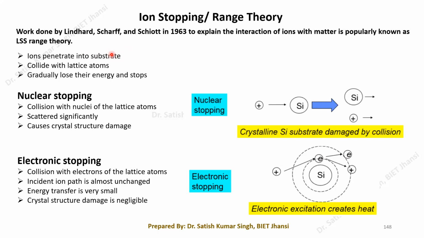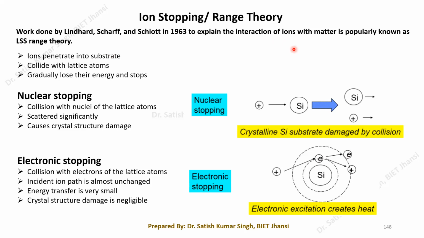They tried to explain the interaction of ions with matter. Whatever the ions and whatever the matter, they were able to explain how to calculate the interaction of ions with the material, and how to calculate those stopping energies.